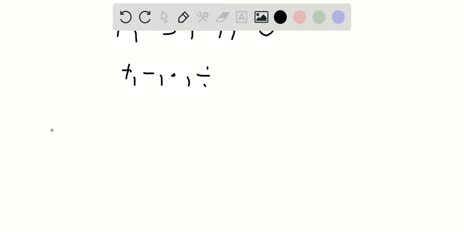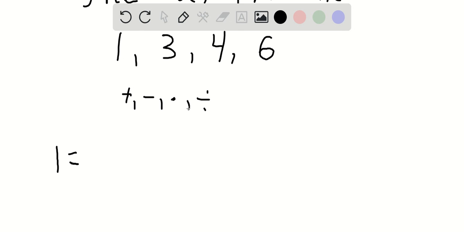There may definitely be more than one correct answer, but let's say we do 1. What's an expression that's going to evaluate to 1? We can use all the operations as many times as we want, and put parentheses wherever we need them, but again, 1, 3, 4, and 6 must be used once and only once. When I think about 1, I say, well, any number divided by itself is going to be 1, right?